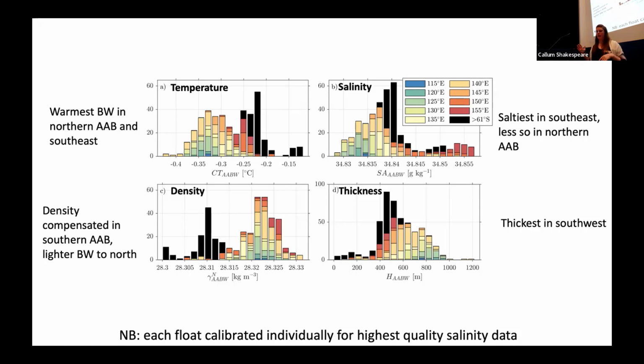As you go from the blues to the reds, you're going eastward towards the Ross Sea, and the black colors represent the data farther north in the basin. This is the average of these properties for densities greater than 28.3 kilograms per meter cubed, so a nominal Antarctic bottom water level.